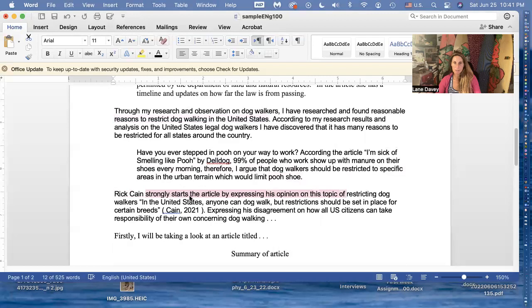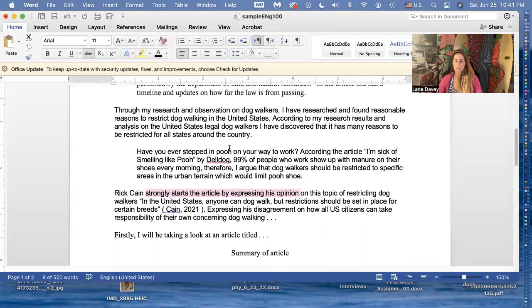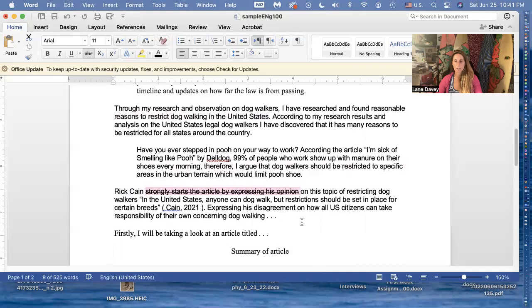Do we need to know that he strongly starts the article by expressing his opinion? Obviously, he's expressing his opinion on the article. This is already given in the context. Don't need it. Please go through your paper and get rid of this redundancy.